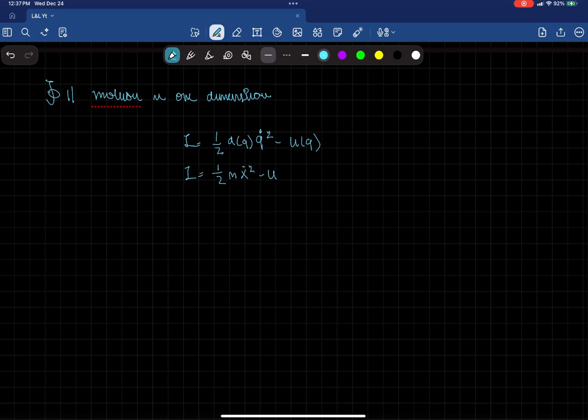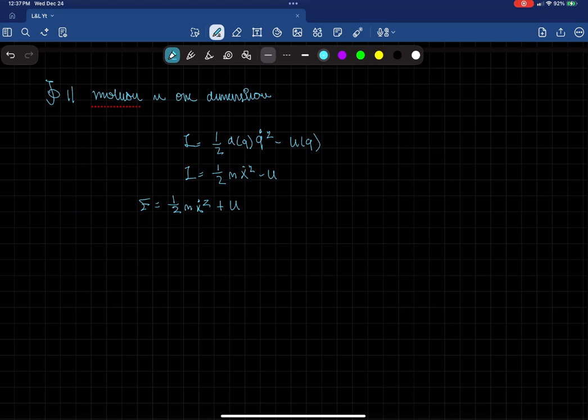We can first start from the integral of this equation, which gives the law of conservation of energy. For the Lagrangian, we have 1/2 m x dot squared plus U of x equals E. So we have E equals 1/2 m x dot squared plus U. And this is a first order differential equation and can be integrated immediately.